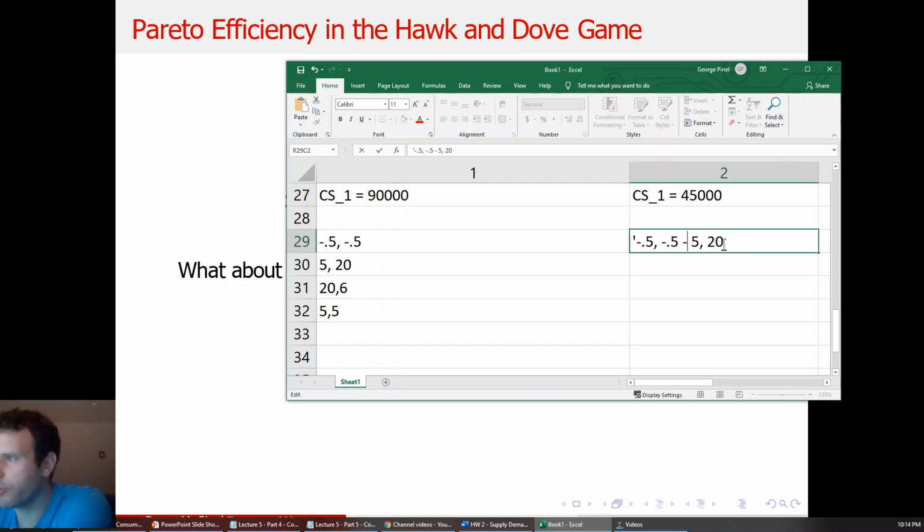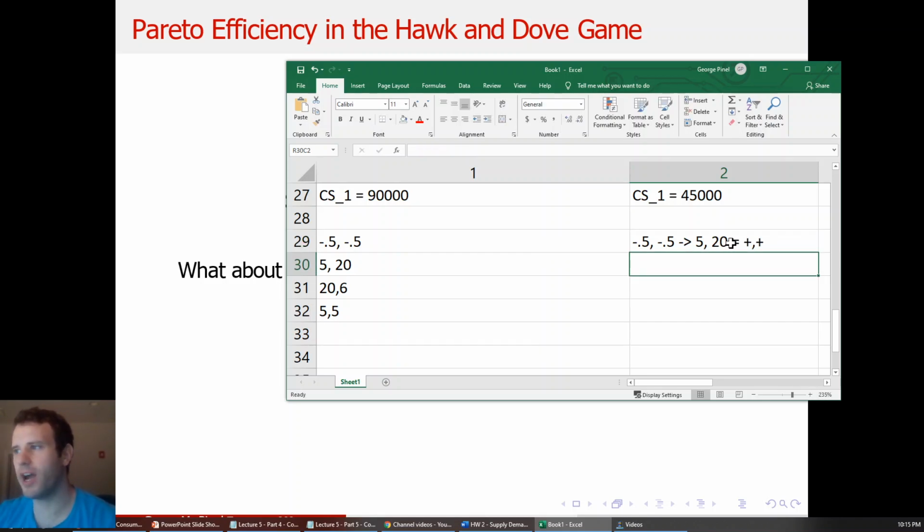I'm going to use the arrow to determine the point you're considering. So negative 0.5 to 5, 20, you're increasing both payouts. So I put plus plus.